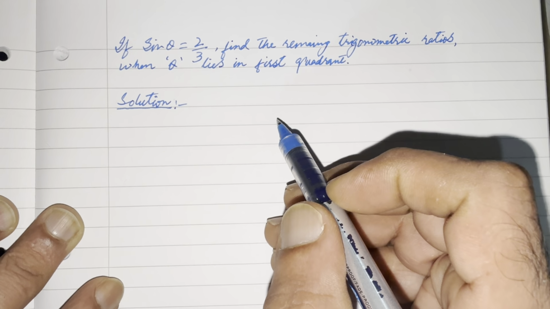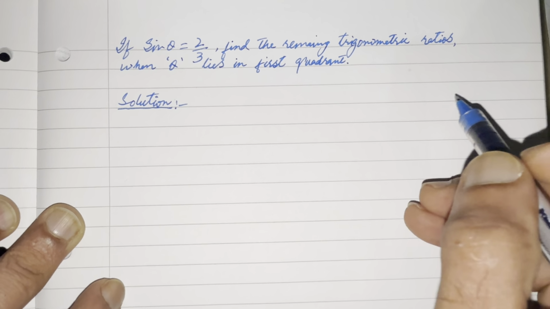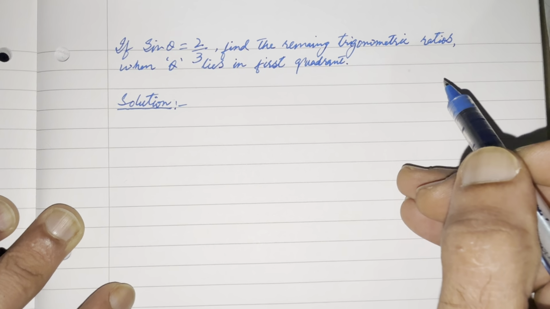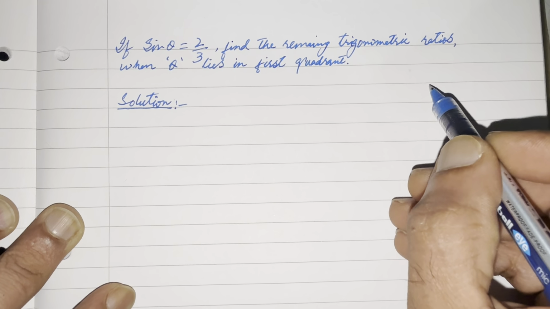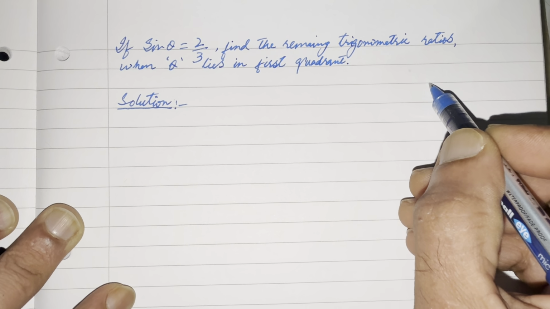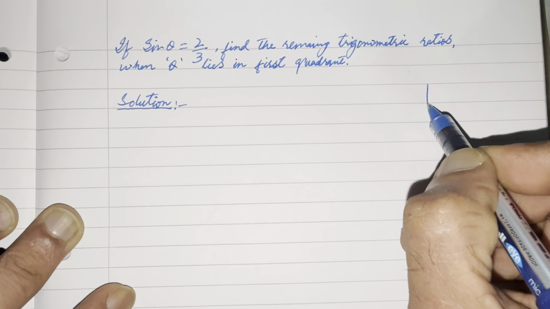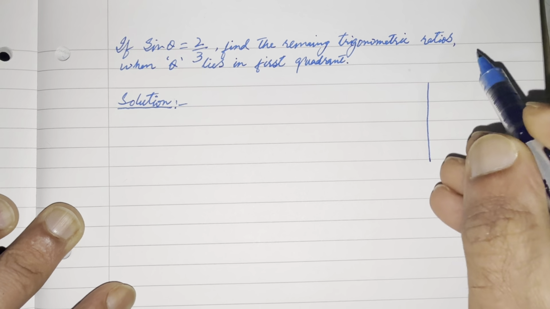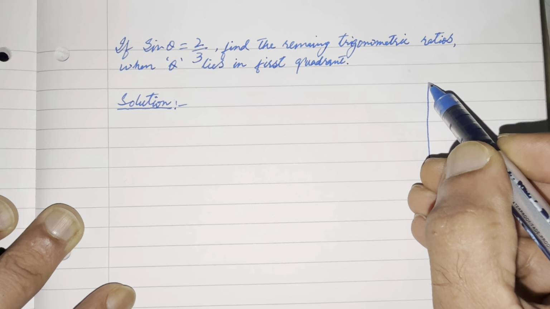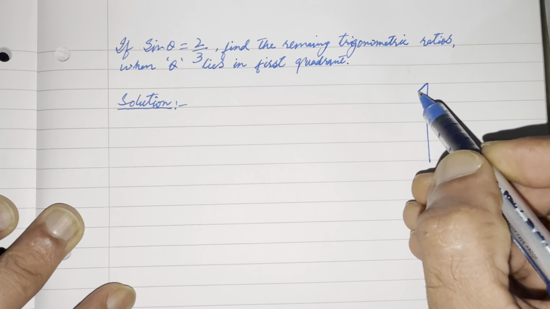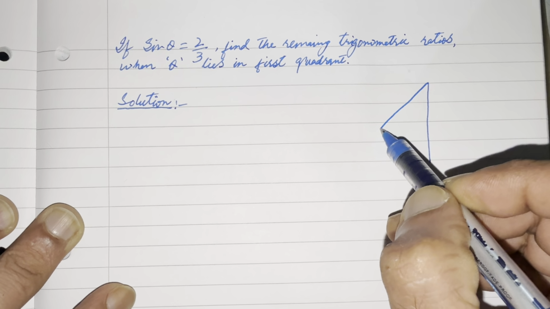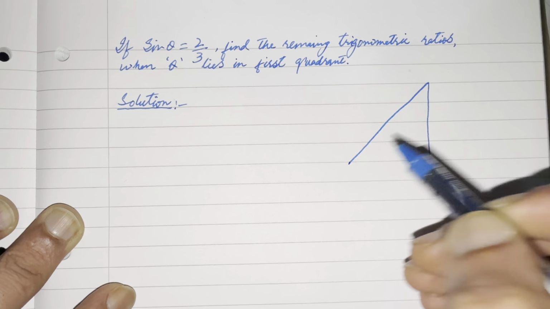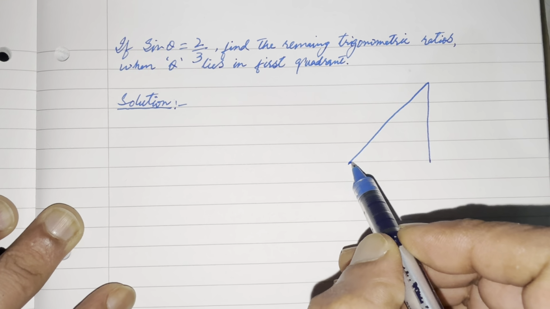So when theta lies in the first quadrant, the figure of a right angle triangle will be drawn like this. So that's the straight line showing the perpendicular, and on that side the figure of the right angle triangle will be drawn.